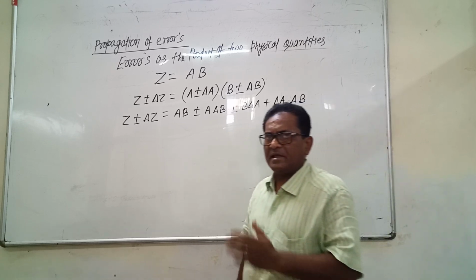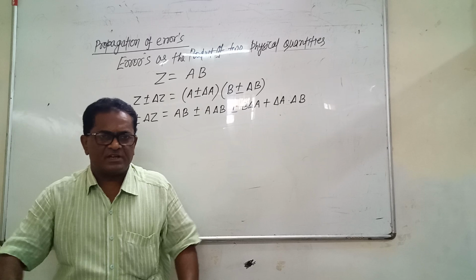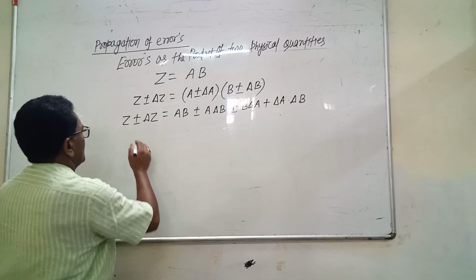We can divide by AB on the right side also, because Z equals AB.